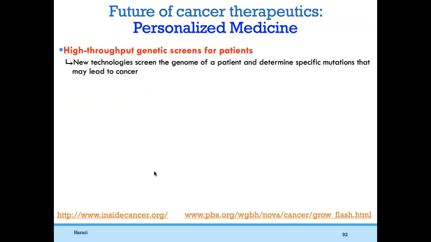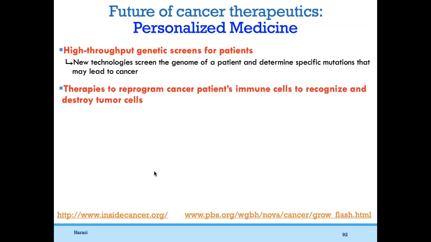You can say, oh, if you have mutation X, we know that chemotherapy Y is best for you. Or if you have this mutation, then we know that statistically it's better to do this type of treatment. So as we get more and more data, we'll be able to do what's called personalized medicine, right? You can look at somebody's genes and personally tailor their chemotherapies based on the mutations that the patient has.